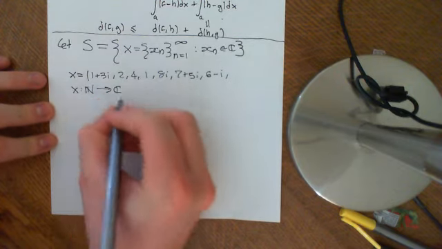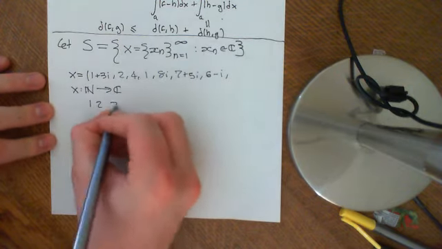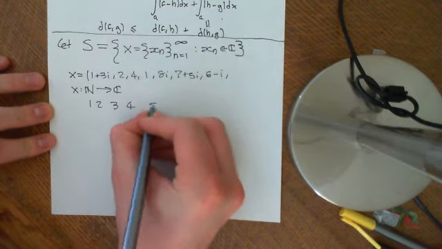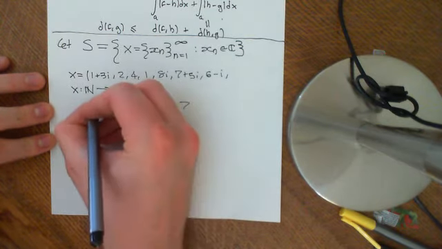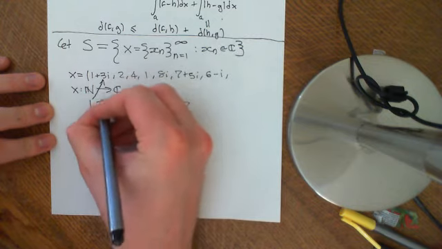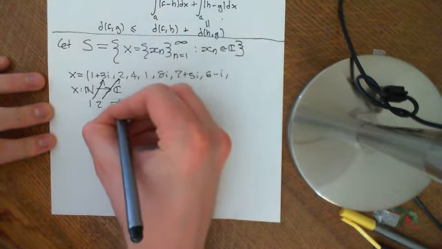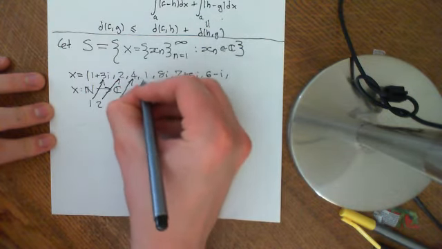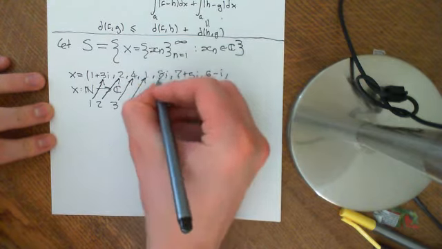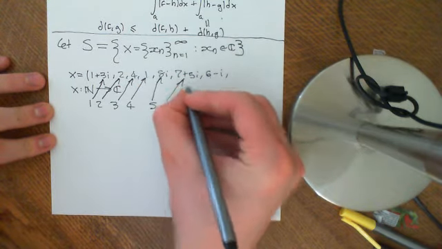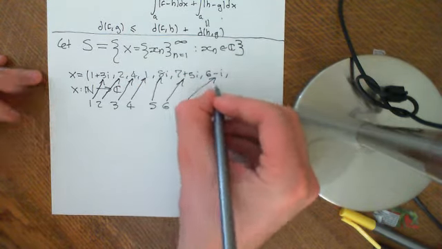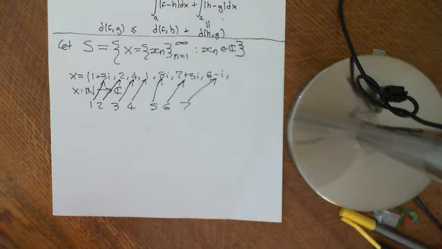To every natural number, 1, 2, 3, 4, 5, 6, 7, it ascribes a complex number. 1 goes to this, 2 goes to this, 3 goes to this, and so on. Okay? So that is the set that we are defining our metric on.